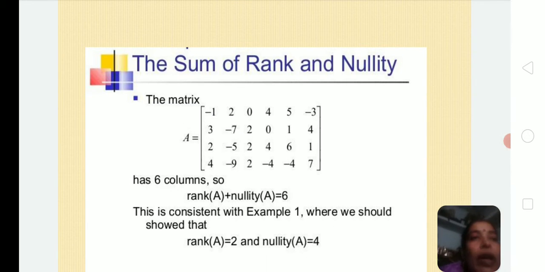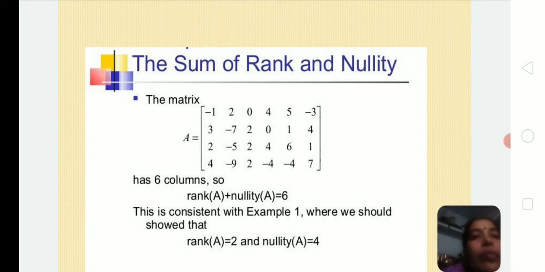The sum of rank and nullity. The matrix A is equal to -1, 2, 0, 4, 5, -3, 3, -7, 2, 0, 1, 4, 2, -5, 2, 4, 6, 1, and 4, -9, 2, -4, 7.